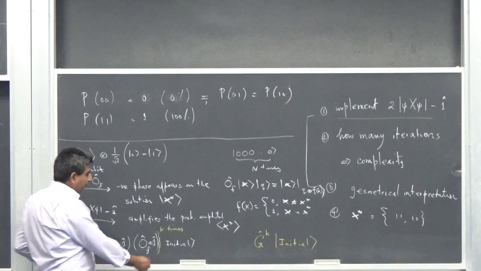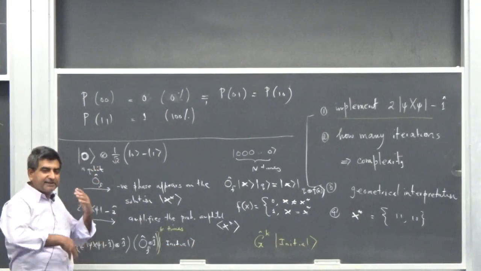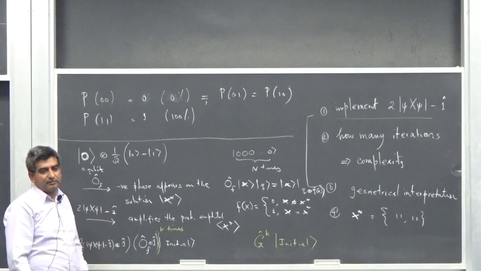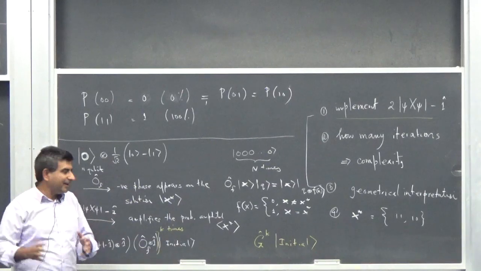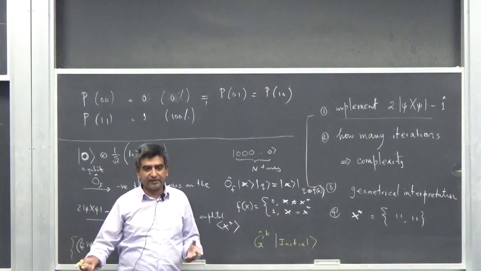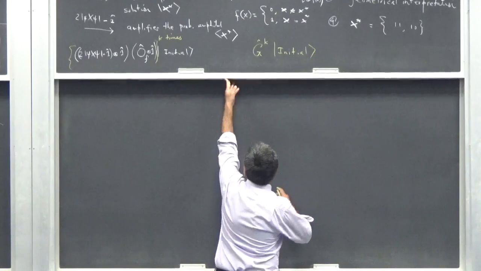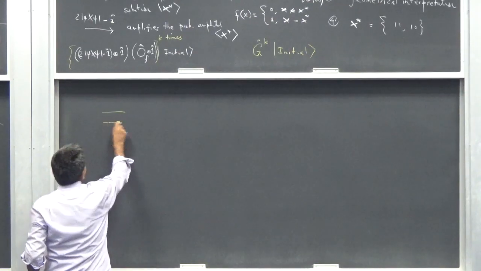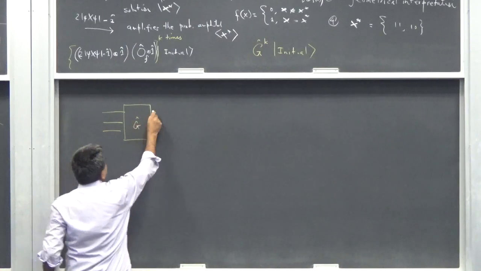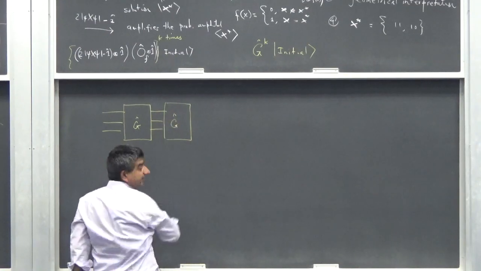So the output of this thing will be the initial. So it's not an initial state; it's a repetition of G. The next iteration of G will use the output from the first iteration. So this is what's going to happen. You have an initial state. You apply G, and then you apply G again, right?